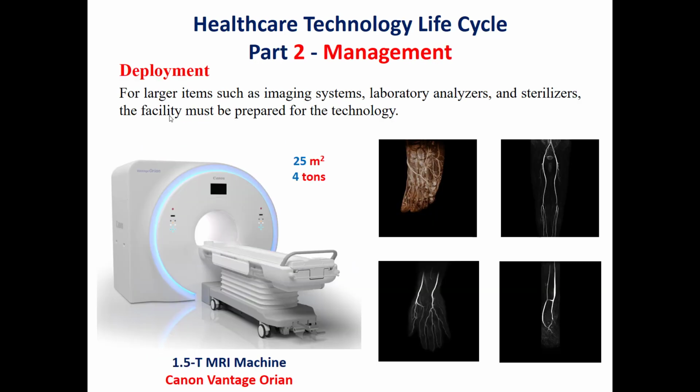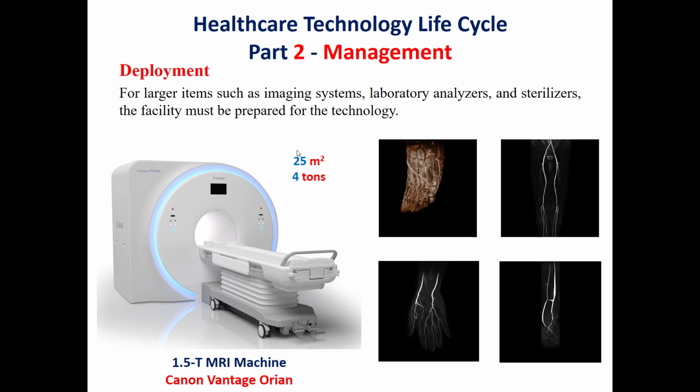For large items such as the imaging systems, laboratory analyzers, and sterilizers, the facility must be prepared well for the deployment of such technology in the hospital. I will take from our previous practical example the installation for a new MRI machine, 1.5 Tesla MRI machine.